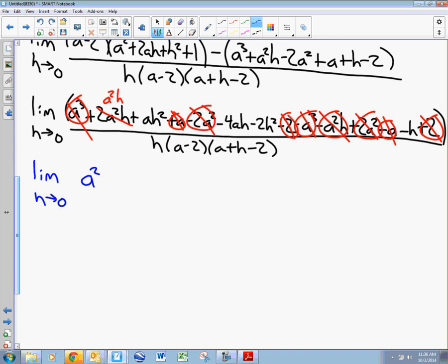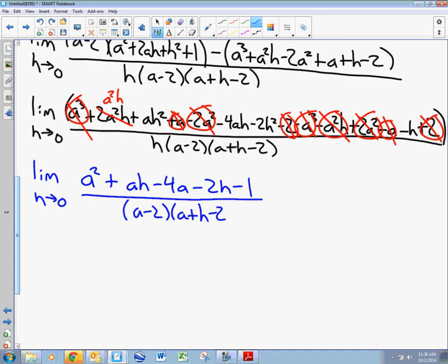So we got a squared plus what? Well, I'm dividing the h off. Plus ah minus 4a minus 2h squared is 2h minus 1 all over a minus 2 times a plus h minus 2.